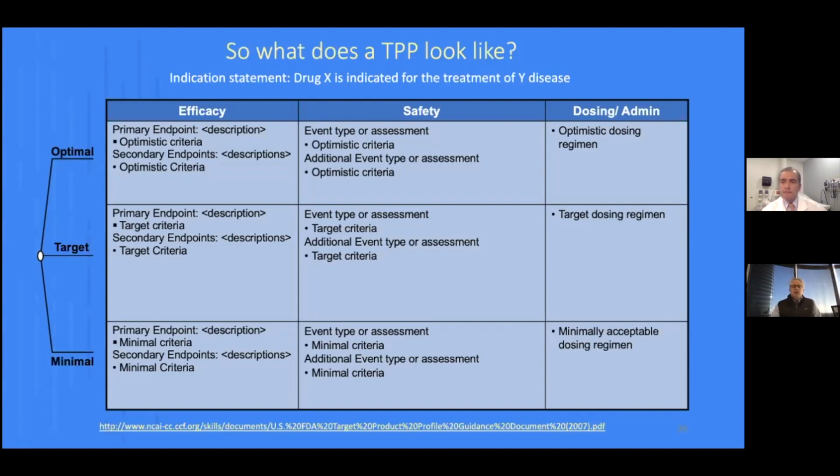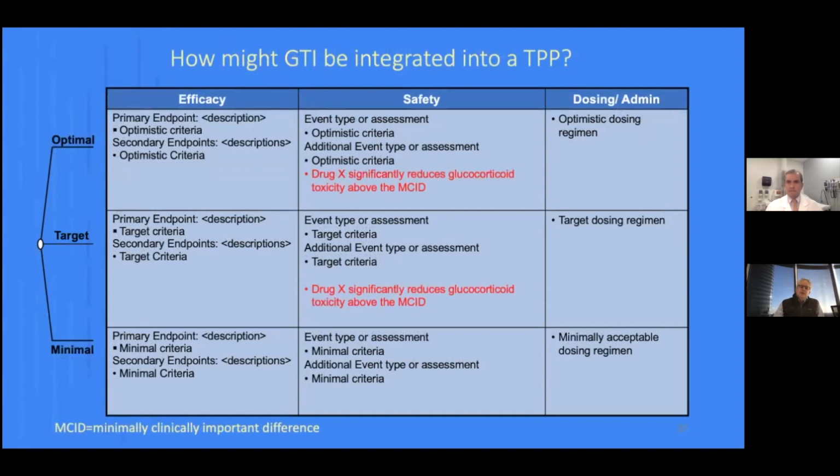The next slide shows you what might be considered in this case with the glucocorticoid toxicity index. So as this instrument is being applied, and Dr. Stone had shown you how it might be applied during the conduct of a clinical research study, in the safety elements, if you were to say that a particular drug significantly reduces glucocorticoid toxicity above the minimally clinically important difference, that could be considered either in the optimistic or in the target profile for a particular therapy.